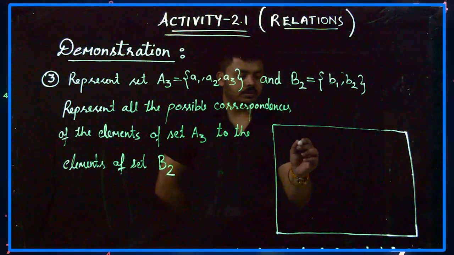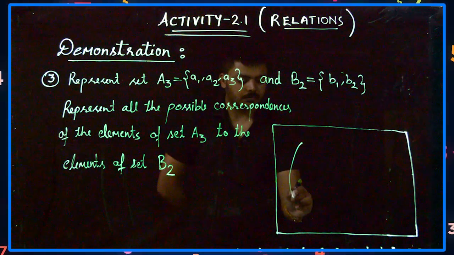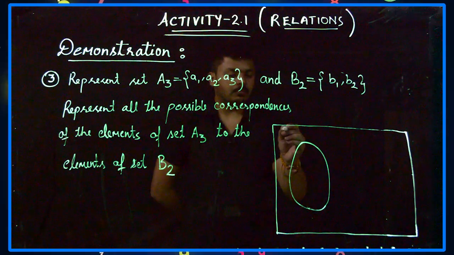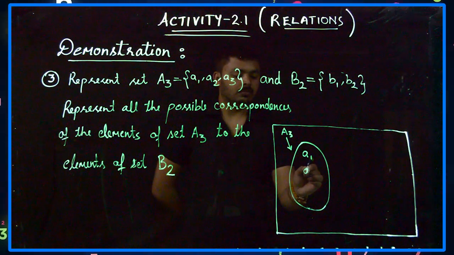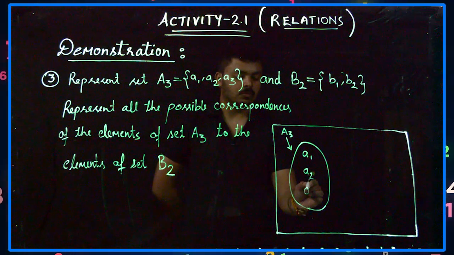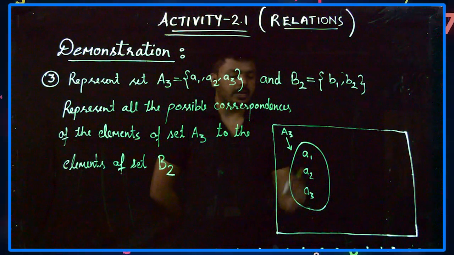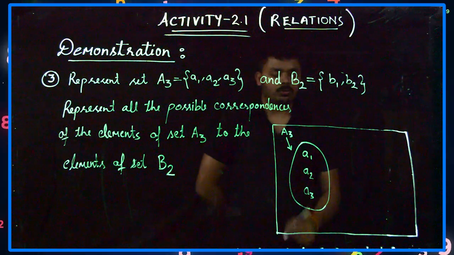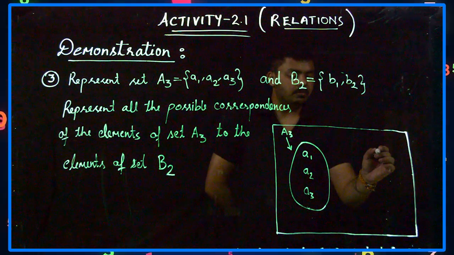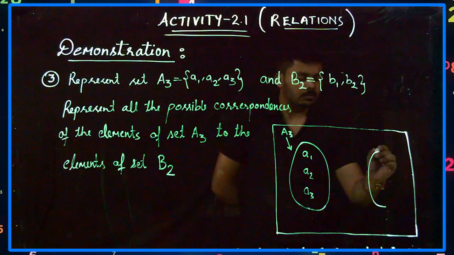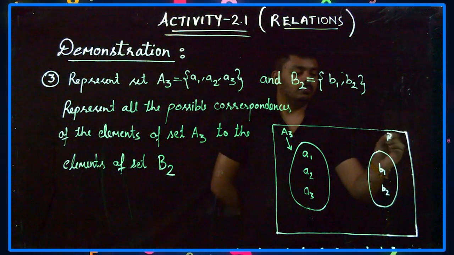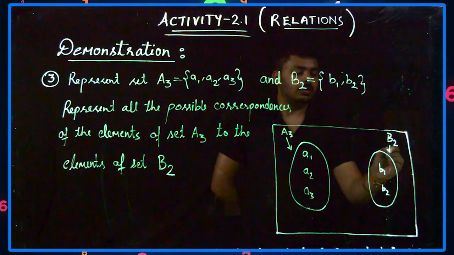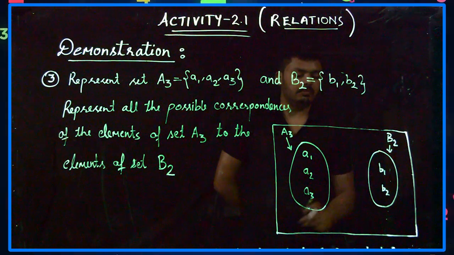Now let's represent set A3. So the elements of set A3 are A1, A2 and A3, and the elements of set B2 are B1 and B2.